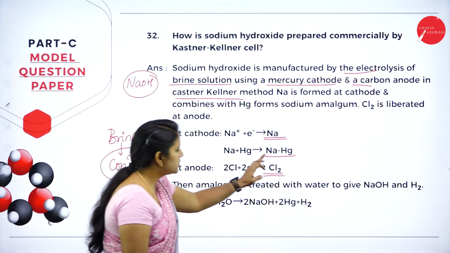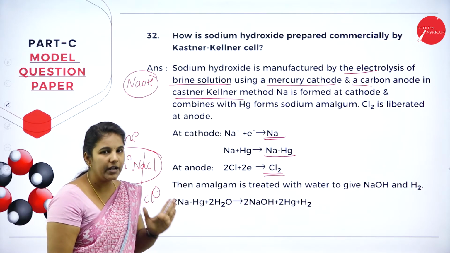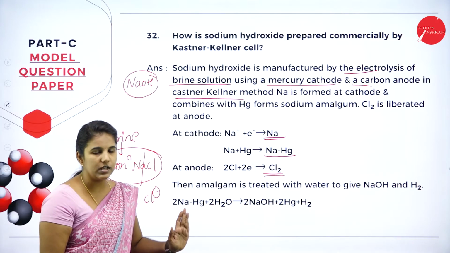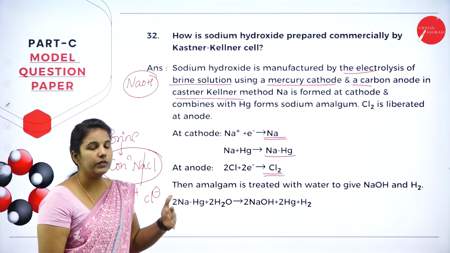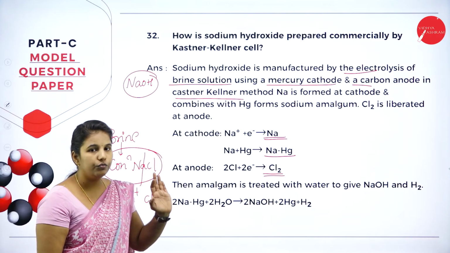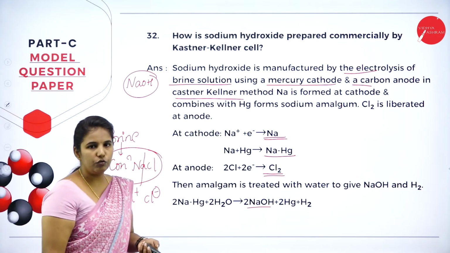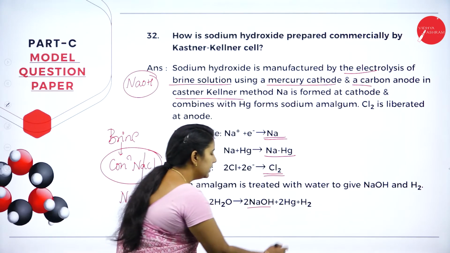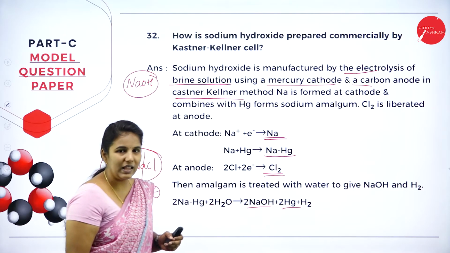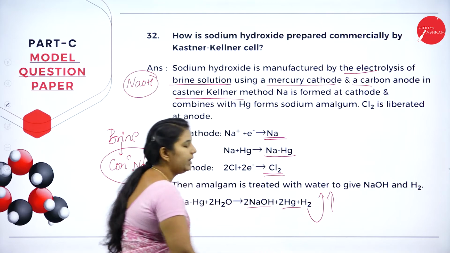Later, this sodium amalgam will be sent to a separate chamber known as the decomposer, where the sodium amalgam will be washed with water to form sodium hydroxide. To form what? Sodium hydroxide, and again the mercury is left behind and hydrogen gas is liberated.